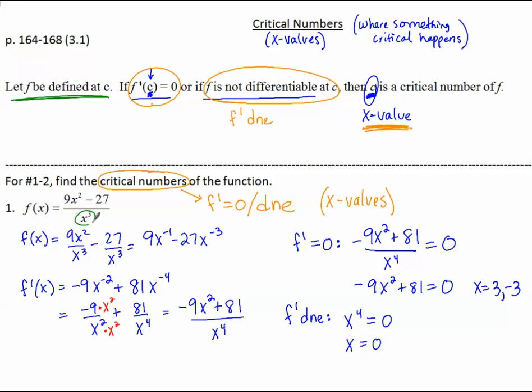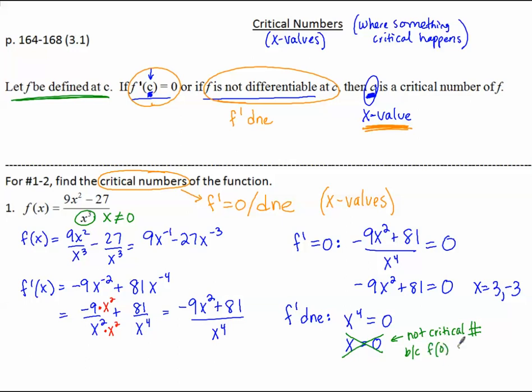Well, look at the original function. If x equals 0, the denominator will be 0. So x can't equal 0. 0 is not in the domain. So x equals 0 is not a critical number. Well, let's write it this way.